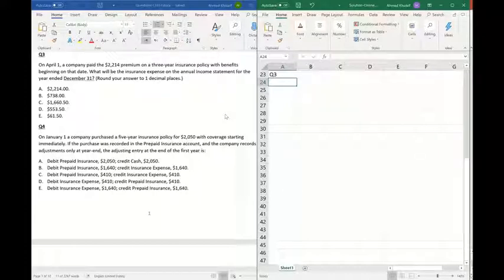We have the amount of the insurance that is paid. It is 2,214, and this covers 3 years, which is 36 months.